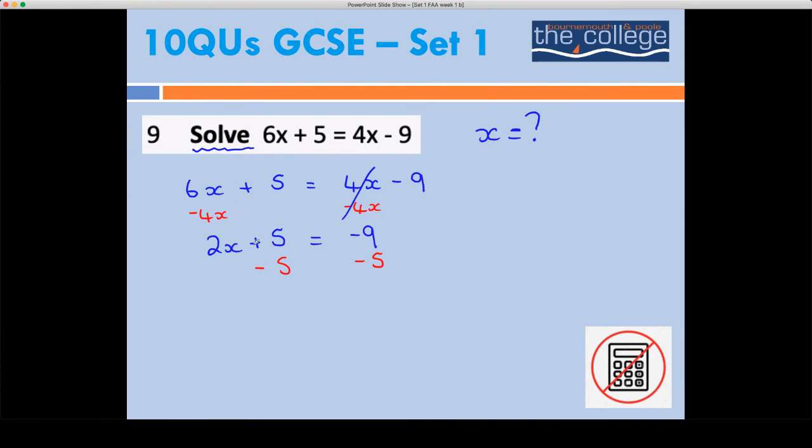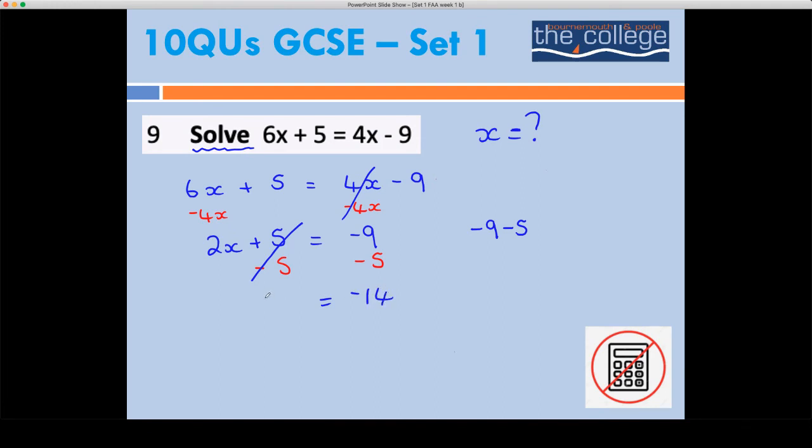Positive 5, take away 5 gives you 0. And this side, minus 9, if you're not sure, write it out, minus 9, take away 5. Whenever you get negatives, just write it out to the side because it can get much clearer than in your head. I'm at minus 9, I'm taking away 5 more, I'm going to land on minus 14.